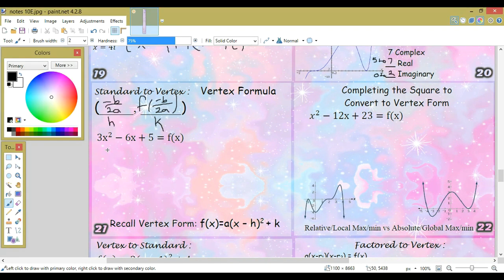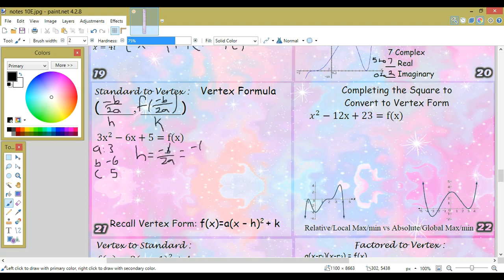So what we want to do here is first identify a, b, and c. A is 3, b is negative 6, and c is 5. We actually don't need to know c, but we can label it anyway. Let's go ahead and find h, which is equal to negative b over 2a.